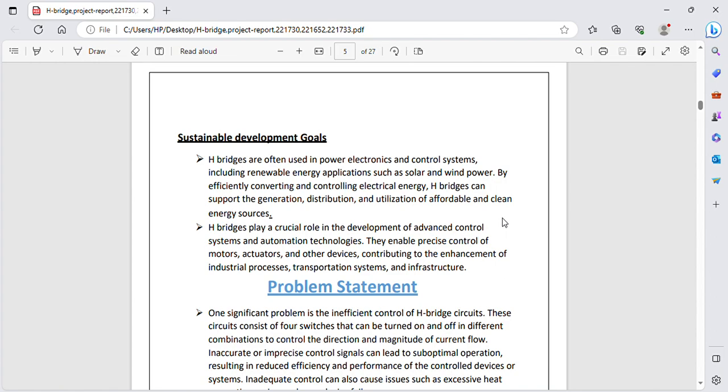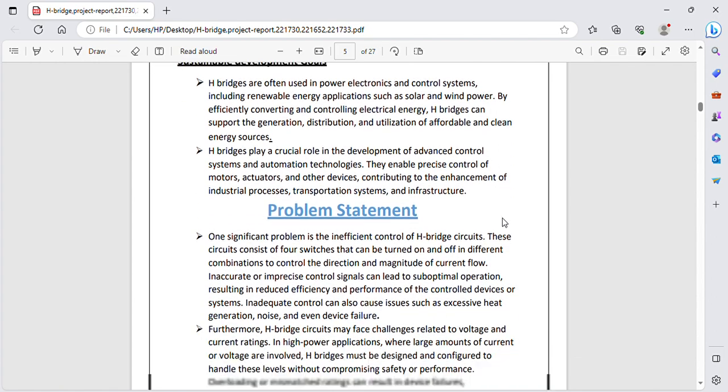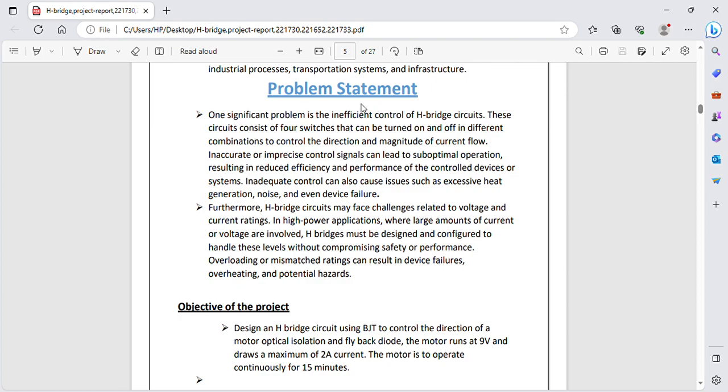transportation systems, and infrastructure. Here we have the problem statement of our circuit. One significant problem is the inefficient control of H-bridge circuits. These circuits consist of four switches that can be turned on and off in different combinations to control the direction and magnitude of the flow of current.